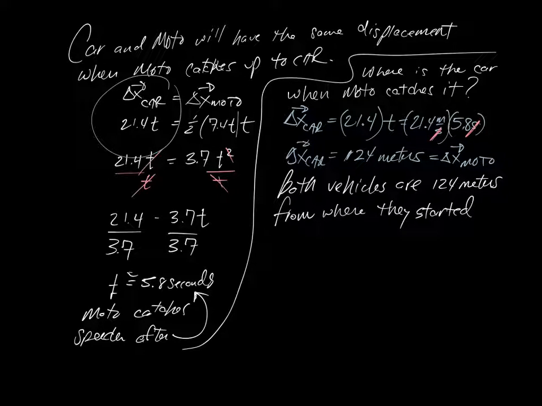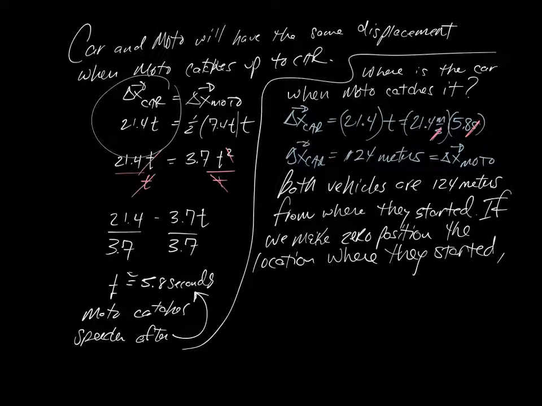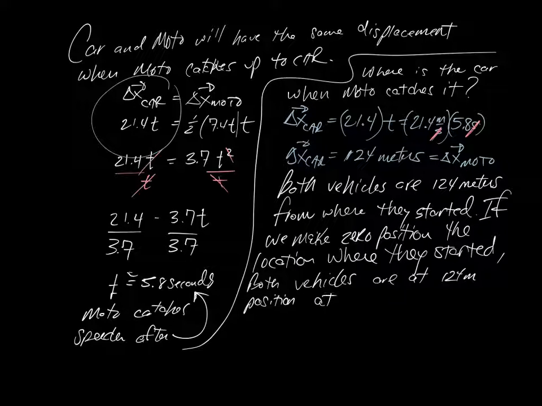And I'll say if we make 0 position, if we put our origin there, the location where they started, then we could say that both vehicles are at 124 meter position at 5.8 seconds.